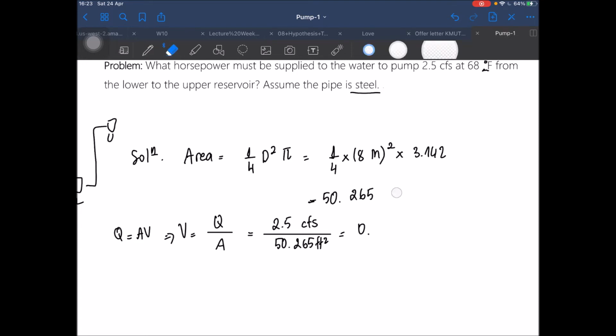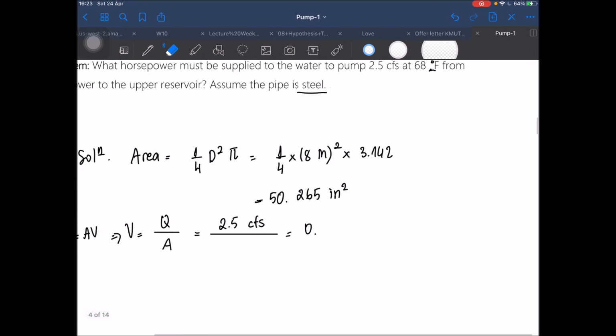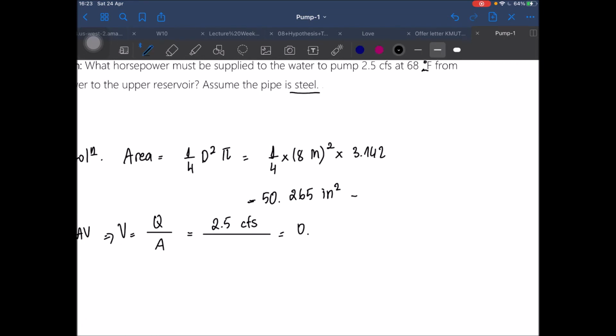Oh, I'm sorry, I made a mistake again. It's inches square, so I need to convert this one to feet. In 1 foot there's 12 inches, so 1 feet square must be 12 square, 144 inches square.